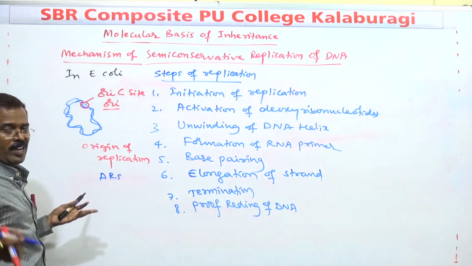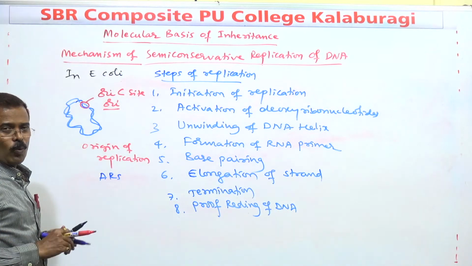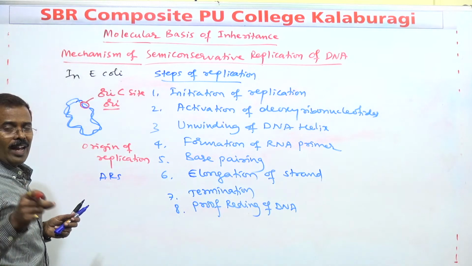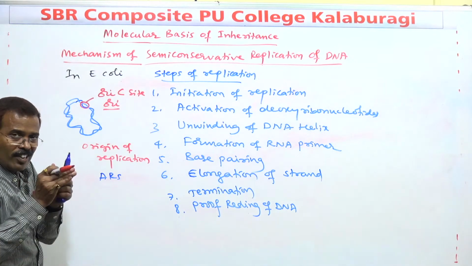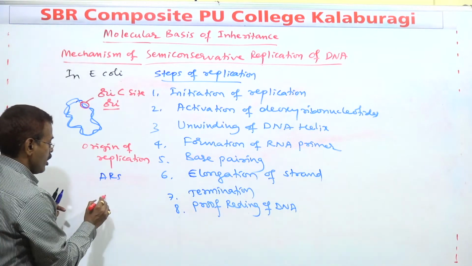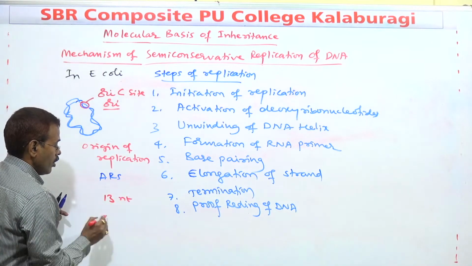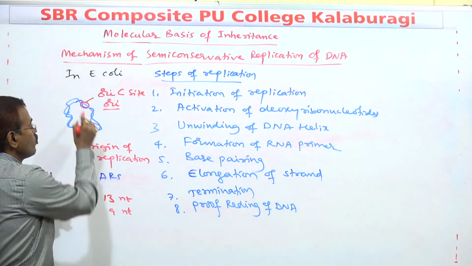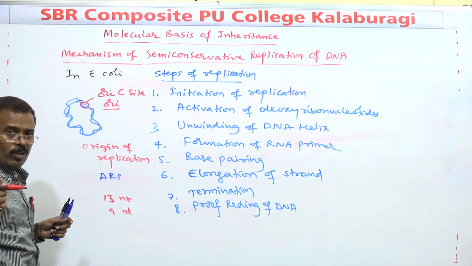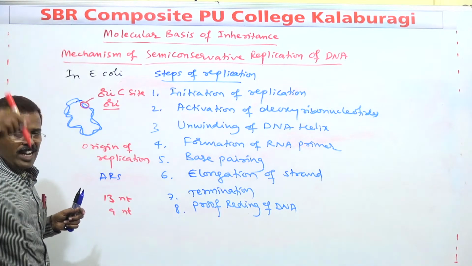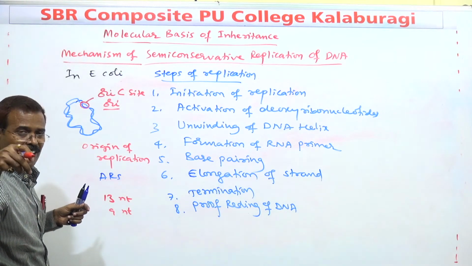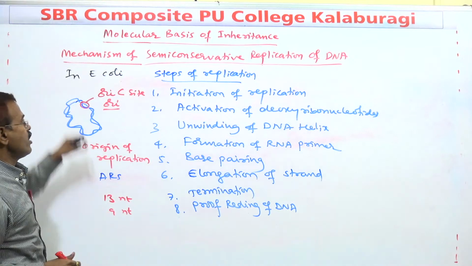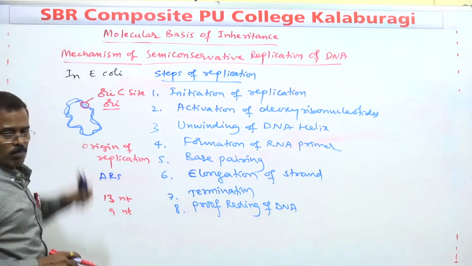Nucleotide sequences are there, 13 nucleotides long, 9 nucleotides long. Like that, different nucleotide sequences are there, which are the sites for the attachment of specific enzymes, which can initiate the replication process.